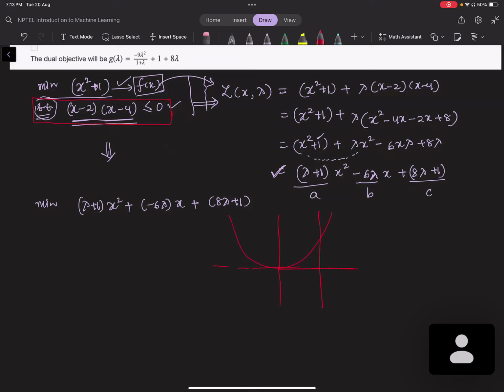This is y equal to x square, right? So y equals x square.